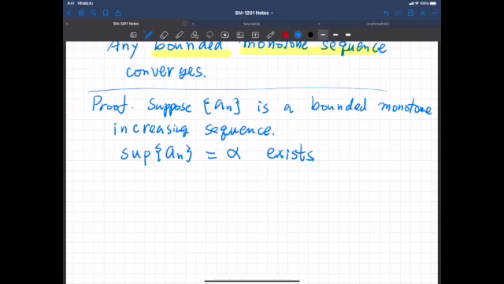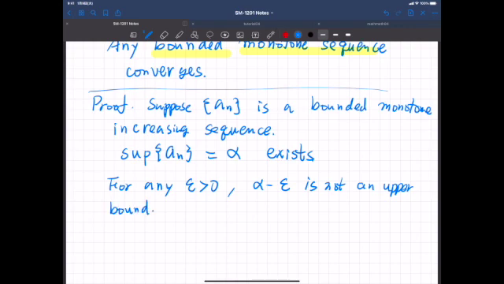And okay, so for any epsilon which is positive, alpha minus epsilon is not an upper bound. Because the definition of this supremum is the least upper bound. So anything that is less than alpha cannot be an upper bound. However small this epsilon is, it cannot be an upper bound.